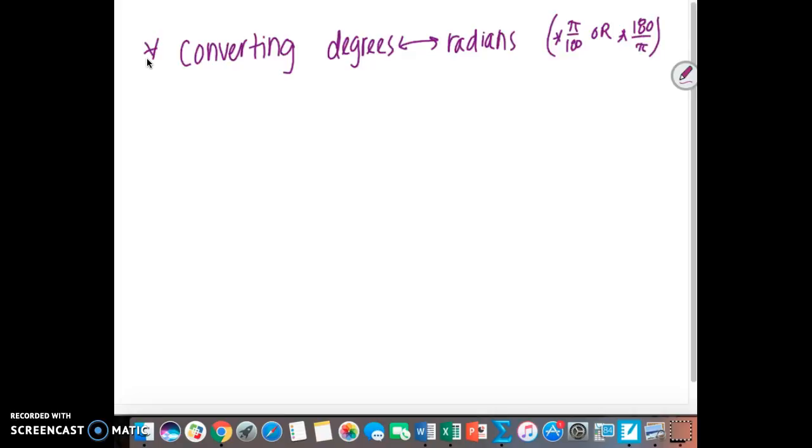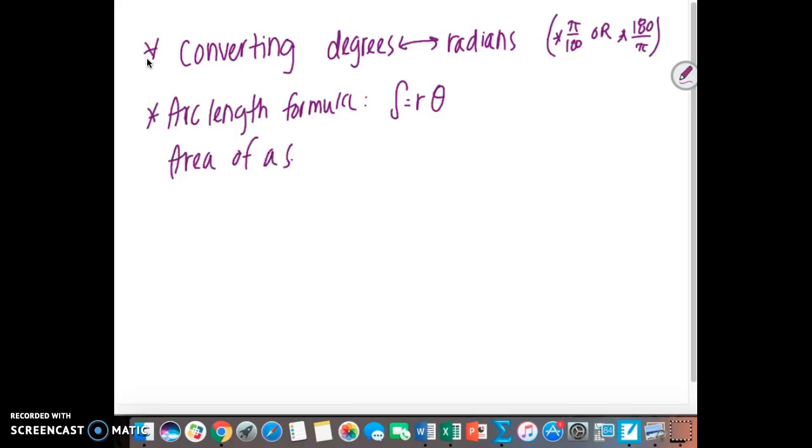Formulas are also a huge thing to remember. So arc length formula is S equals R times theta, and the area of a sector is A equals 1/2 R squared theta, where both of the thetas in these two equations, theta is in radians.